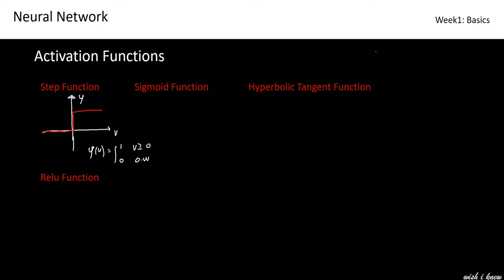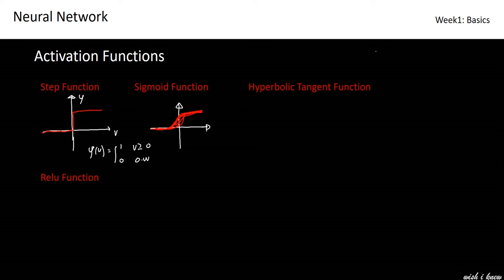Since this is kind of blunt in this area, what we can do is make a little bit smoother function, and that is called sigmoid. Something like that.